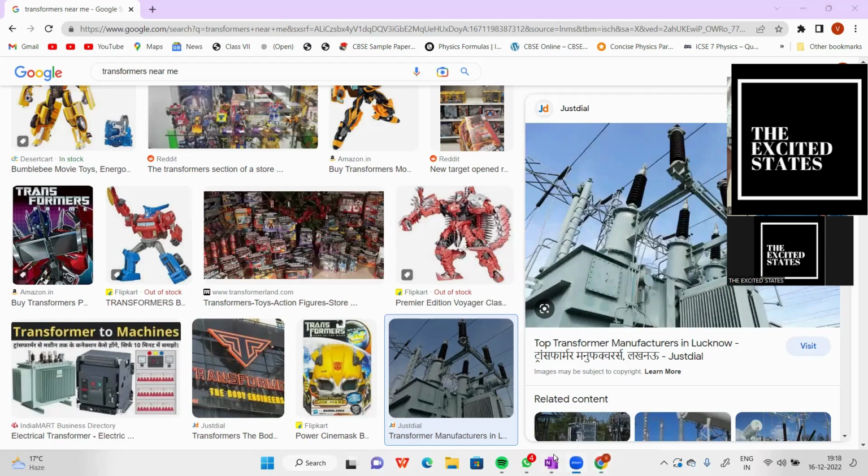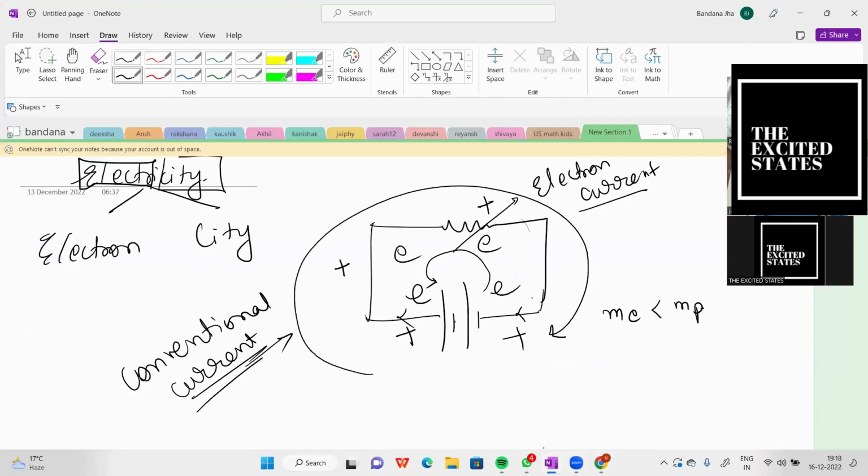You might have studied about resistance, which equals rho L upon area of cross section. I'm forgetting the formula.